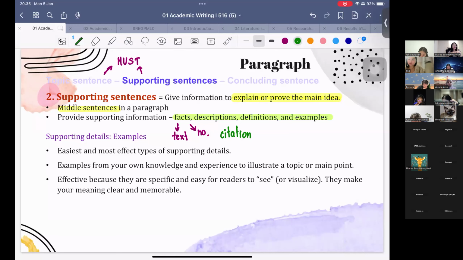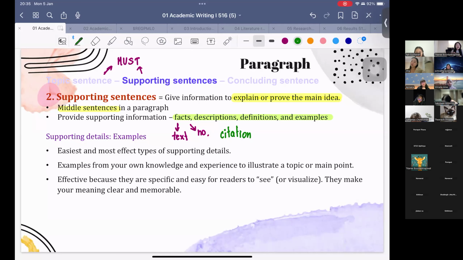But make sure you provide sufficient information, enough details to explain your topic or your controlling idea. Enough and complete details.